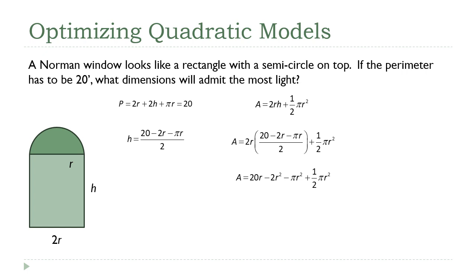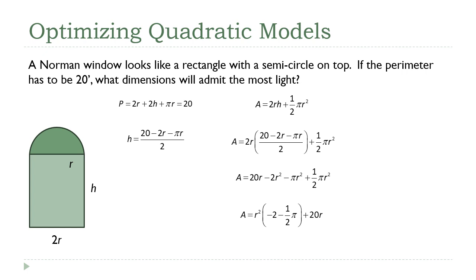Okay, so I am going to clean this up a little bit first. Minus pi r squared plus 1/2 pi r squared is minus 1/2 pi r squared. And I'm going to put that and the minus 2r squared in front, move the 20r to the back, factor the r squared out.